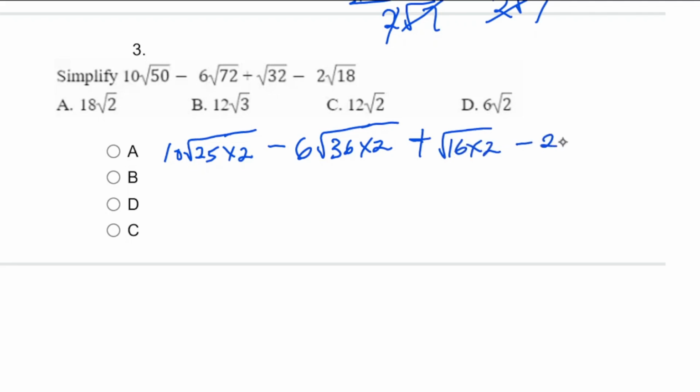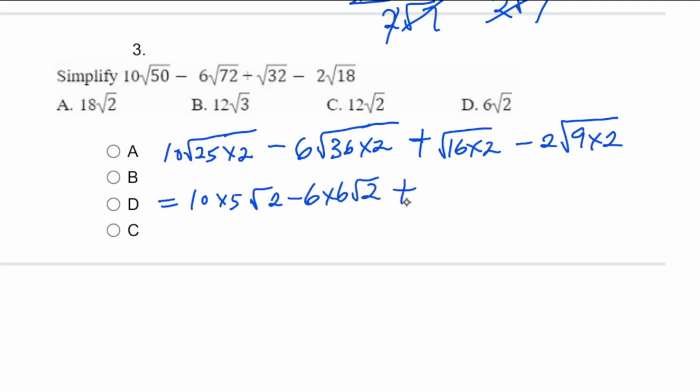Minus 2 root 18, that is 9 times 2. Guys, this is very simple. So that is 10 times 5 root 2 minus 6 times 6 root 2 plus 4 root 2 minus 2 times 3 root 2.